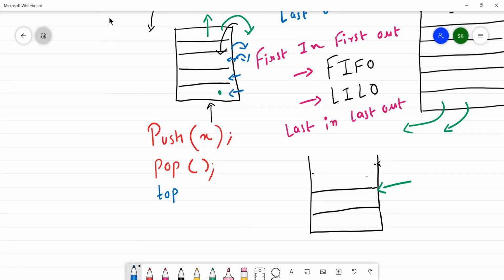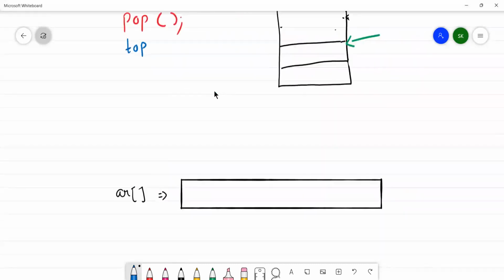Clear? Then we will quickly see how the operations are performed. I will give you a few operations here. Wherever numbers are written, it means you have to insert that into the stack. Wherever I am giving the upward arrow, it means you have to do the pop operation.